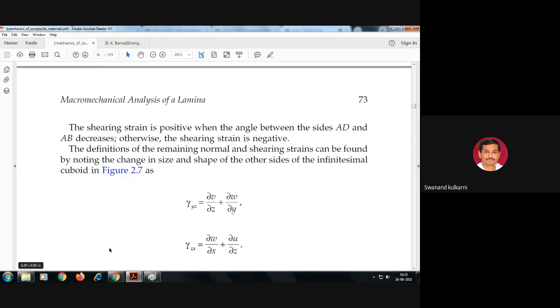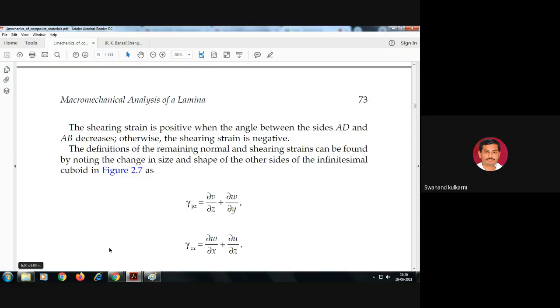At the constituent level, we take the properties of the matrix material and of the reinforcement material, and combining them we get the properties of the composite. That kind of analysis, which takes the constituents like matrix and reinforcement into consideration to identify the composite's properties and behavior, is the micromechanical analysis.